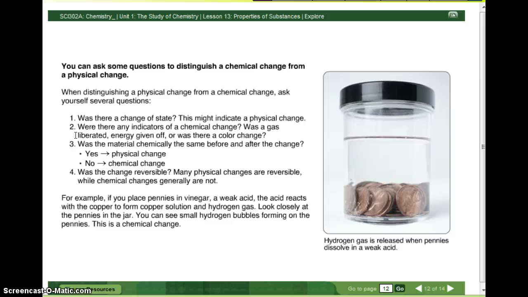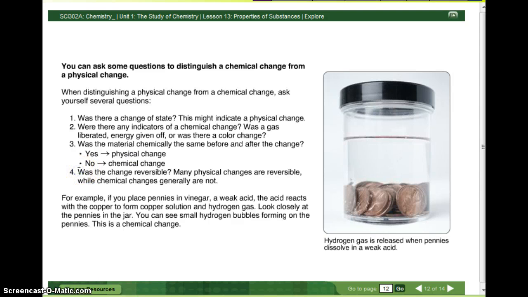Energy given off? Did it get really hot? Or was there a color change? Again, careful on the color change. Three, was the material chemically the same before and after the change? So if you started with a piece of paper, did you end up with a piece of paper? Yes, physical. No, you burnt the piece of paper and now you have ashes, chemical.